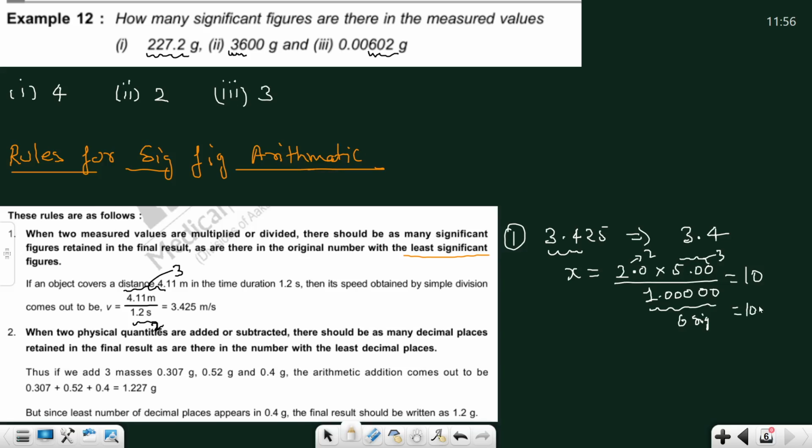You can also write 10 as 1.0 into 10 to the power 1. It is also having 2 significant figures.